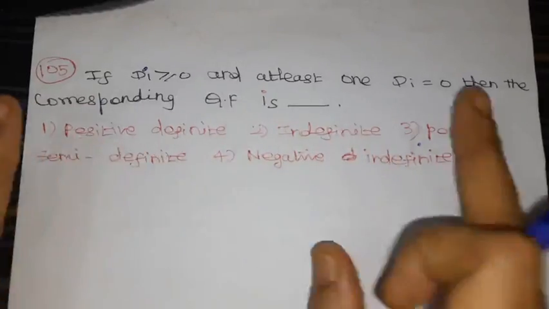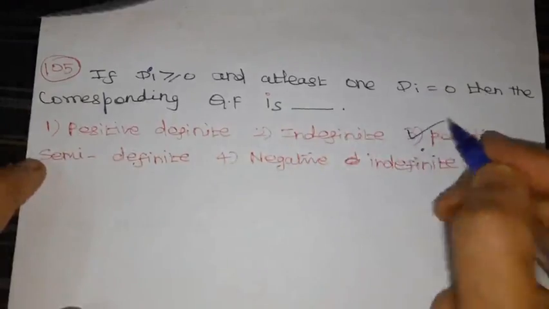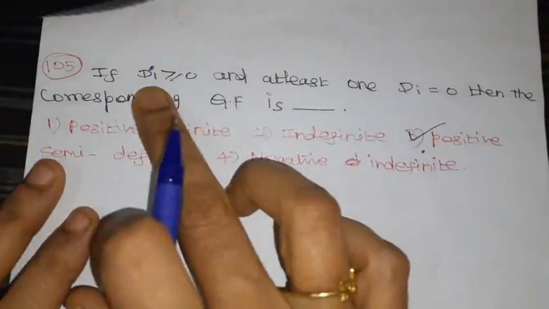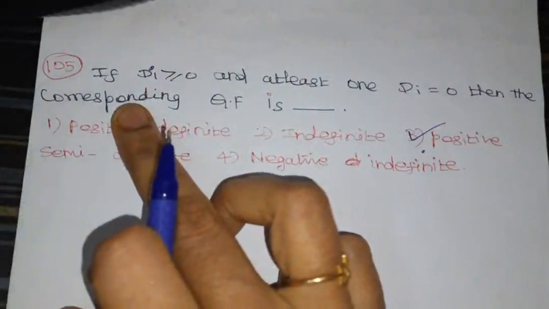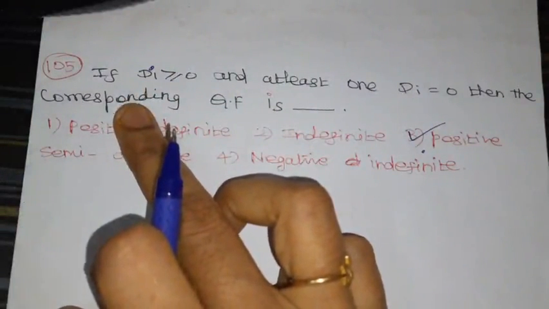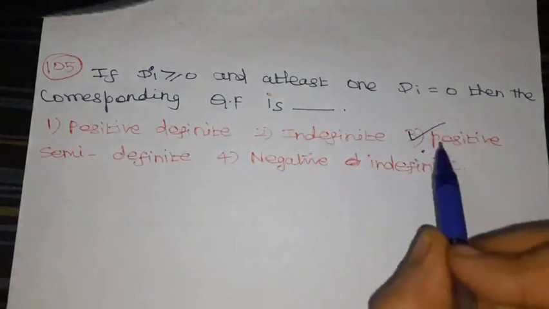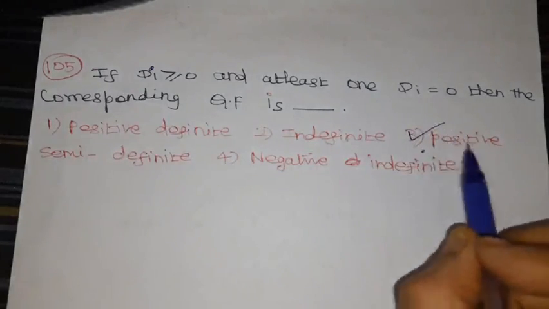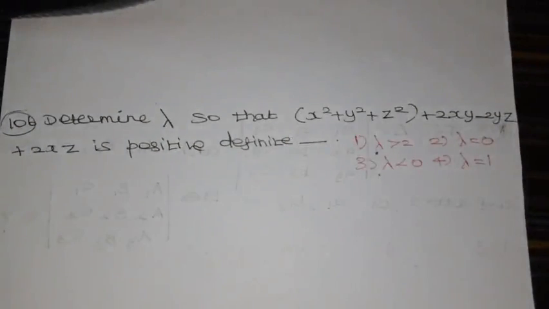Positive, and one is 0 means semi-definite, so positive semi-definite. Let's see one more time. If all values are greater than 0, it is positive. And if one of the values is 0, that is semi. So positive semi-definite.